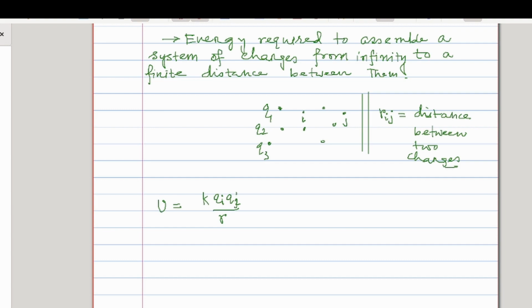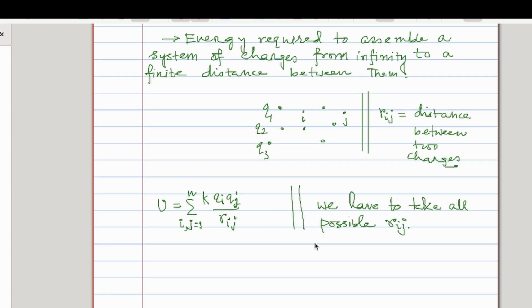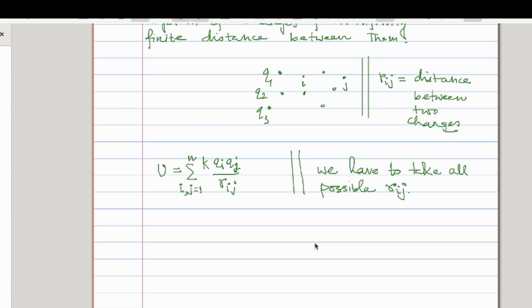I am writing a general expression: K Qi Qj by rij. It will be sum for all i, j. So we have to take all possible distances. So this is the electrostatic potential energy.